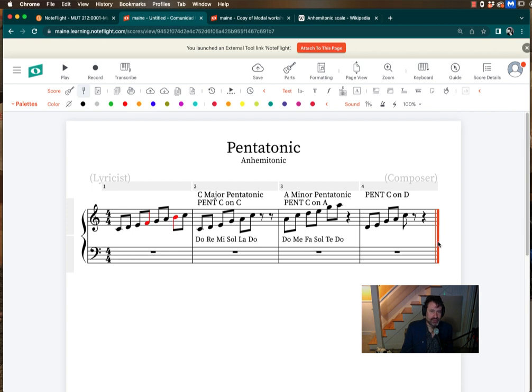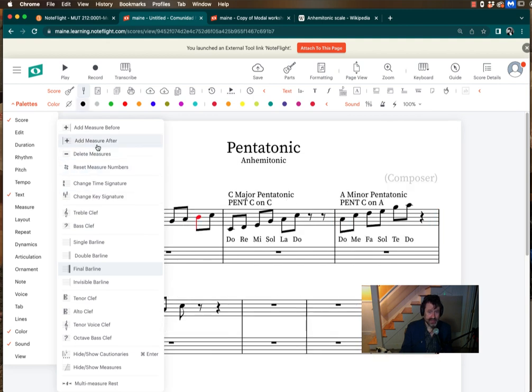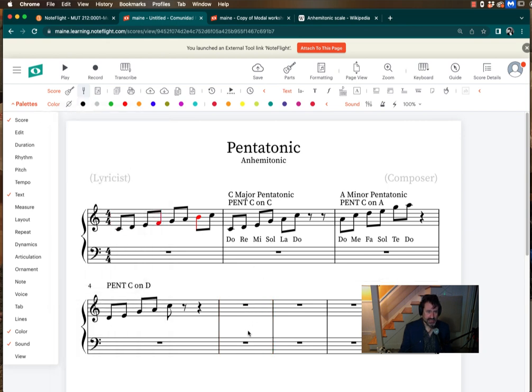We're ruling out enharmonic equivalents, right? So if I want to do this on another key, that's the last thing I'll do before cutting out here. Let's just say we want to go to D major. I'll do it without a key signature, right?